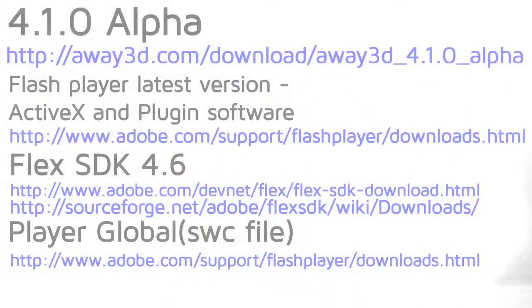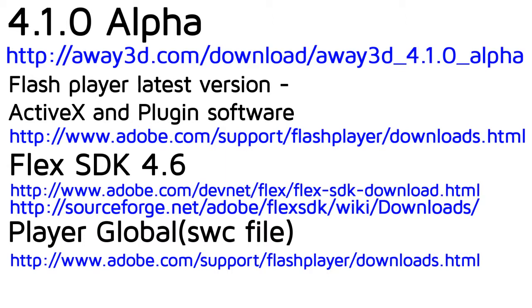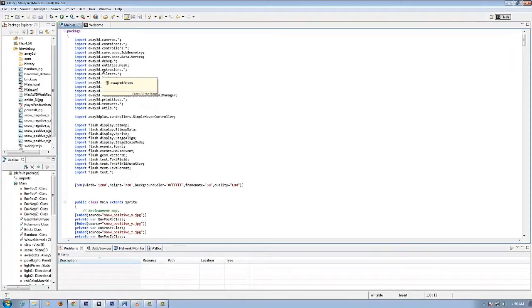Now I'm going to show you Away3d and how it works. After you have completed downloading the Away3d 4.1.0, the latest Adobe Flash Player SDK, and the global SWC file, you're now ready to open Flash Builder.